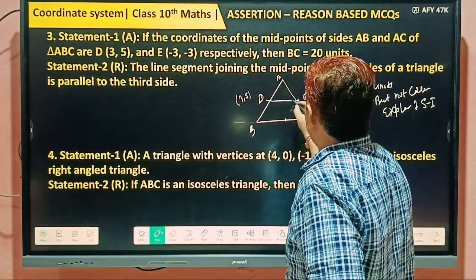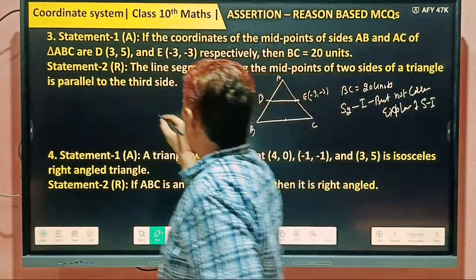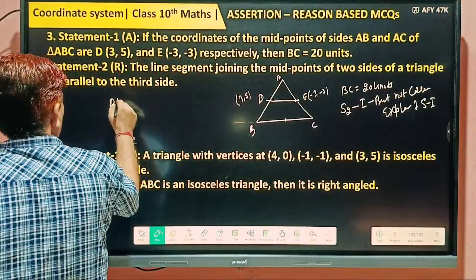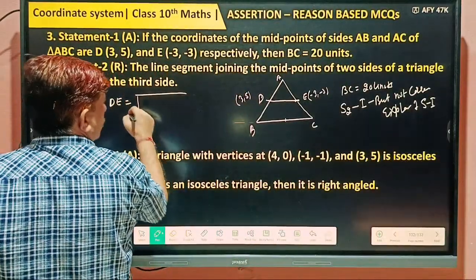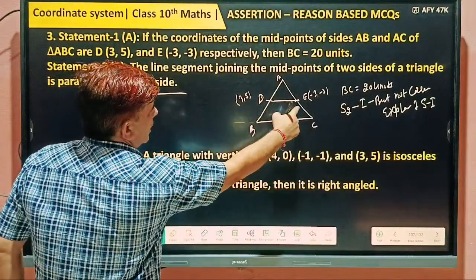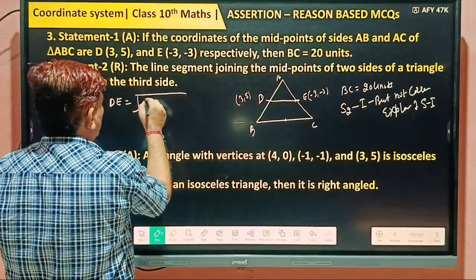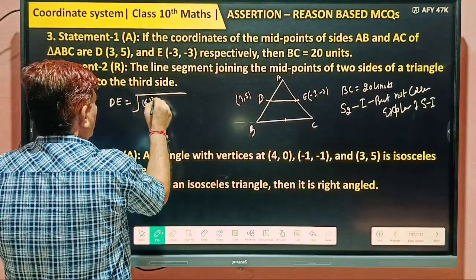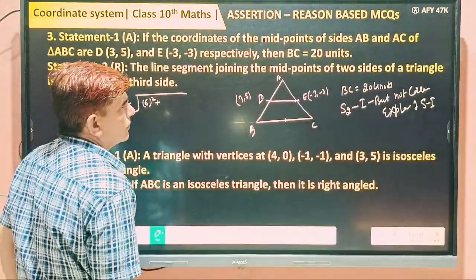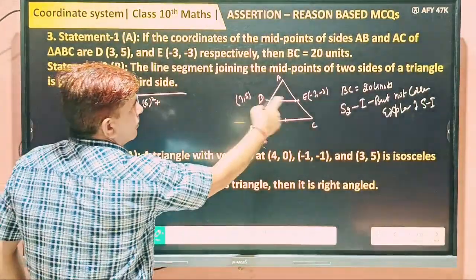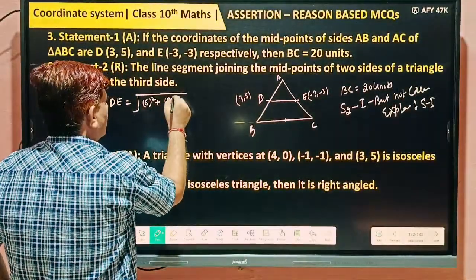So first we will find DE. DE is equal to the square root of (3 minus (-3), that is 6) whole square plus (5 plus 3, that is 8) whole square.